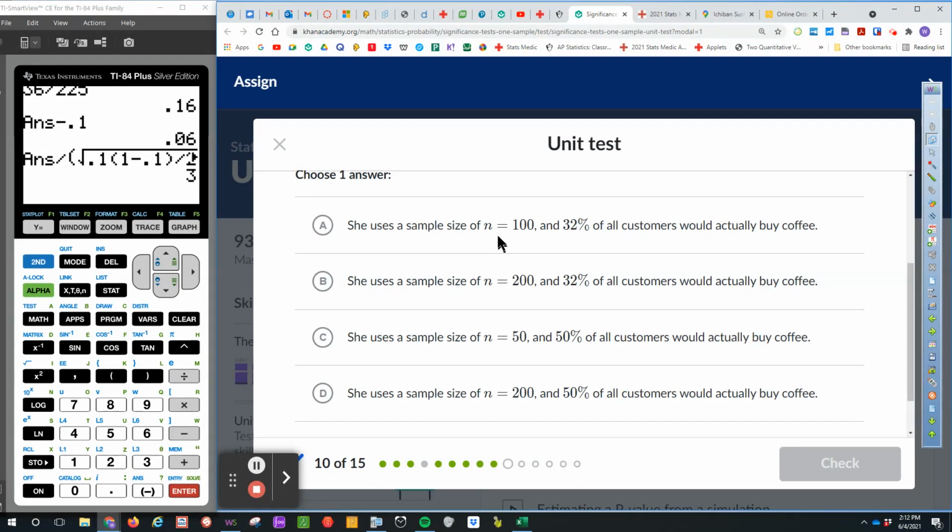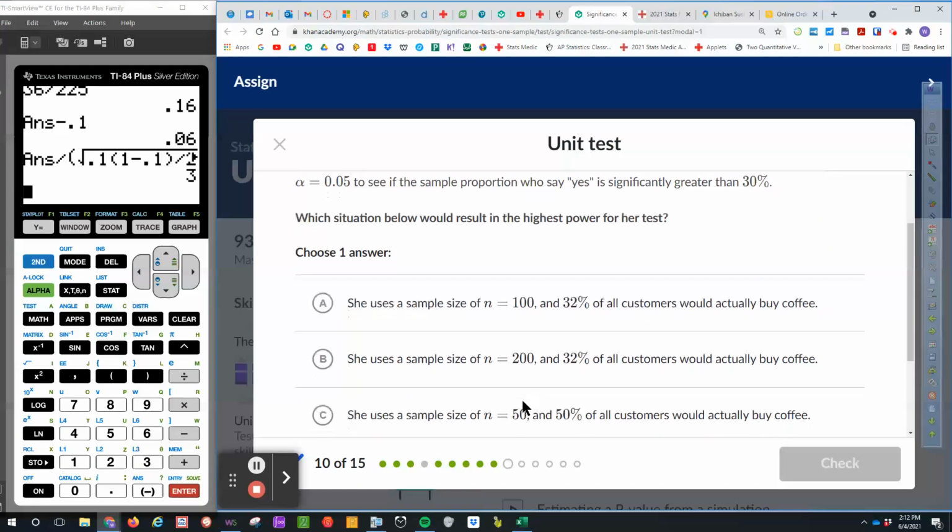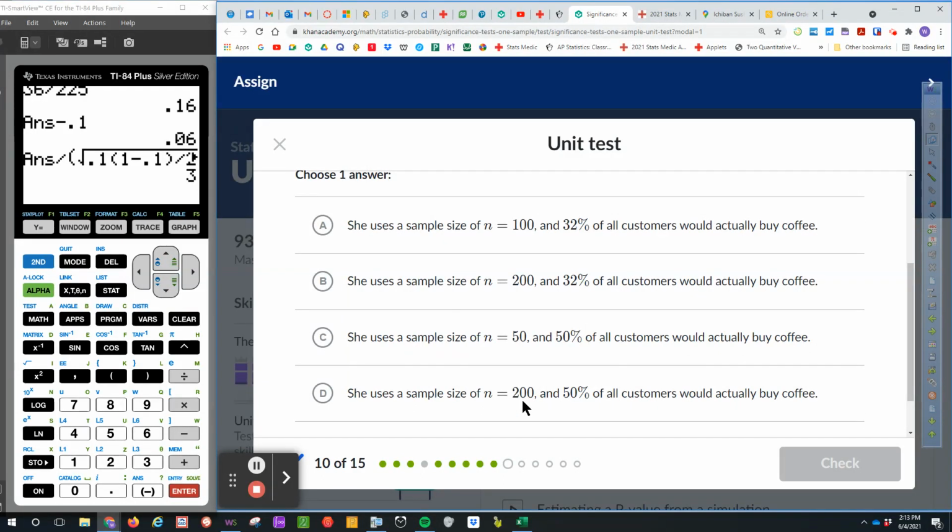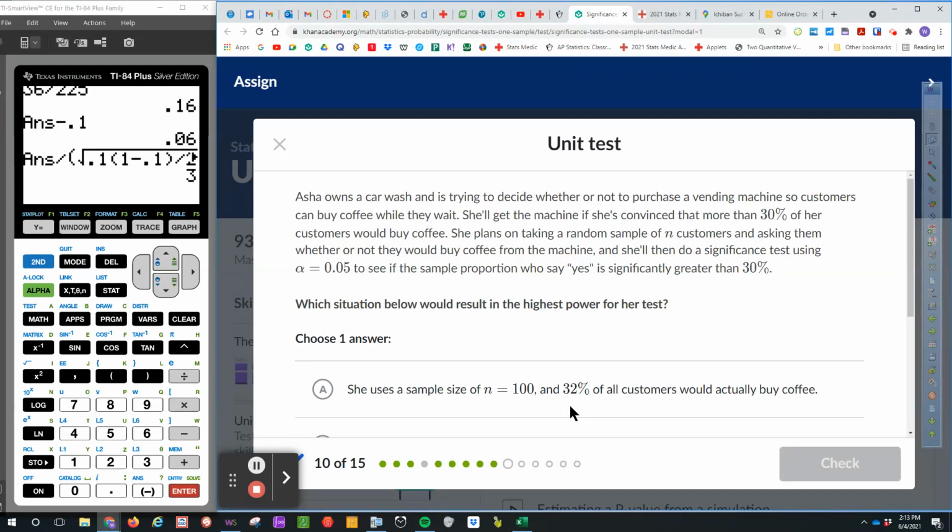She used a sample size of n equals 100, n equals 200, n equals 50, and n equals 200. What situation below would result in the highest power? Power is 1 minus beta.